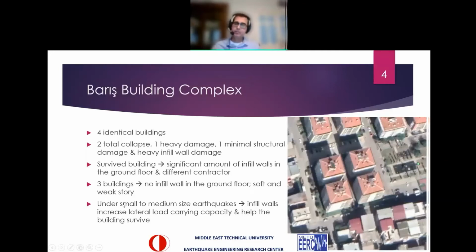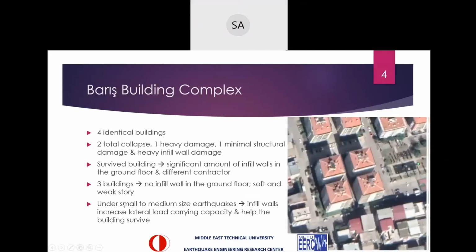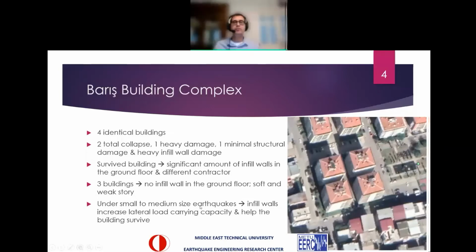I want to conclude something like this. Under small to medium size earthquakes, infill walls may increase lateral load carrying capacity if they stay intact and may help the building survive.